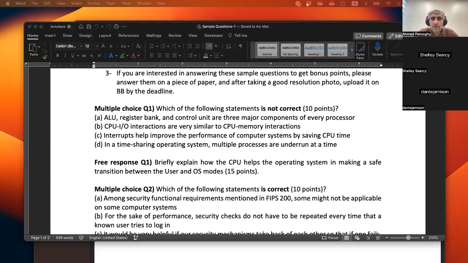Anyhow, I was saying that this is the operating system making that happen, transitioning between different processes in a time sharing environment. However, now the question is how the CPU helps that happen. In the class, I mentioned that the CPU might have some features that facilitate that transition or make it safer for the operating system.